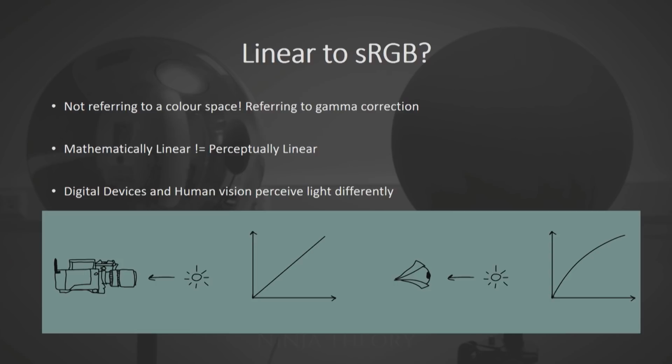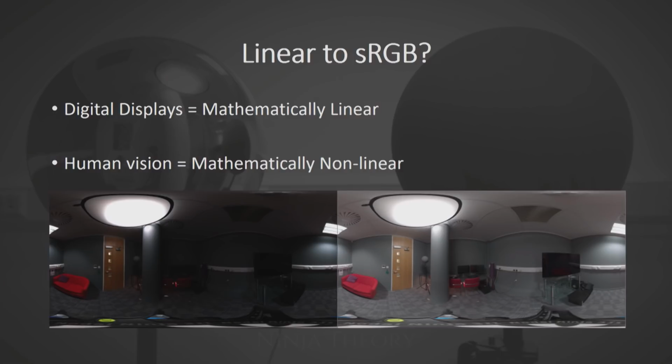And when we're texturing, this is why we make sure we linearize stuff, because even though it looks correct to us, for the renderer it needs to be mathematically linear. Here's another illustration of that. On the left is an image that's been rendered linearly without any gamma correction. And on the right, we've applied the gamma correction to make it feel a bit more natural to what we'd expect.